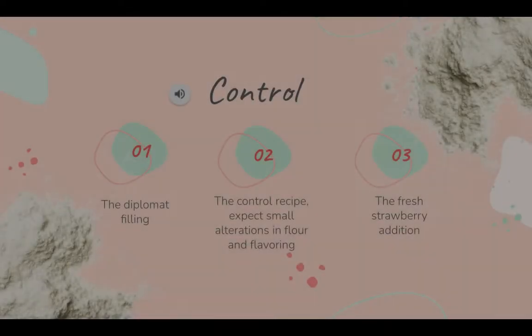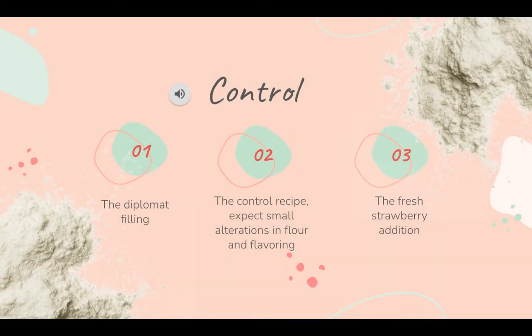So next we'll talk about our controls for this experiment, and our controls are elements that we kept the same. The first one is that the diplomat cream that we did for the filling was the same ratio of pastry cream to whipped cream. We just changed around some flavors, but besides that it was kept the same.